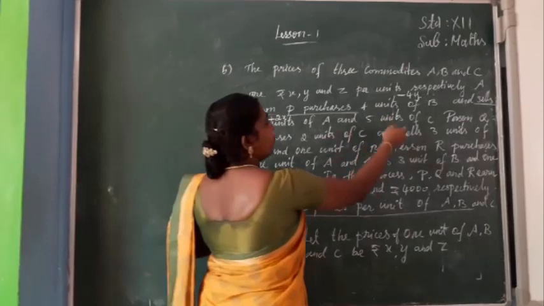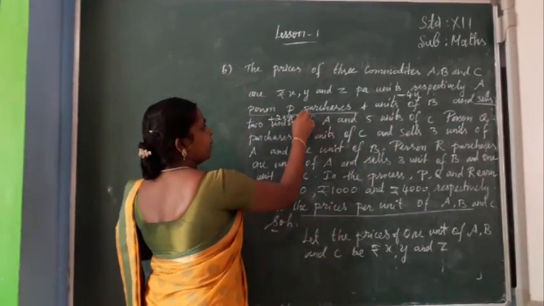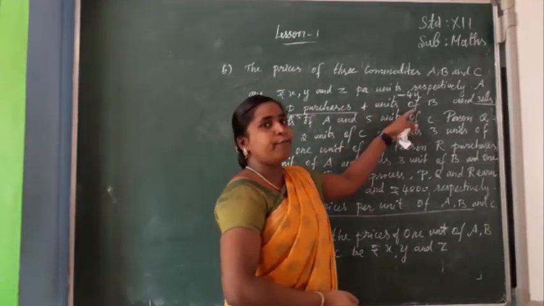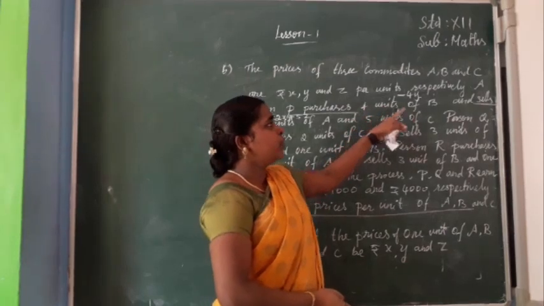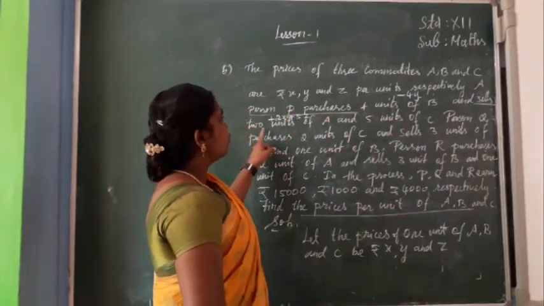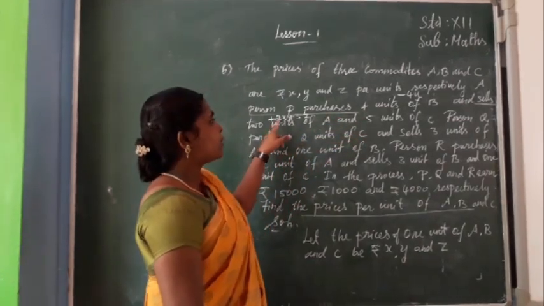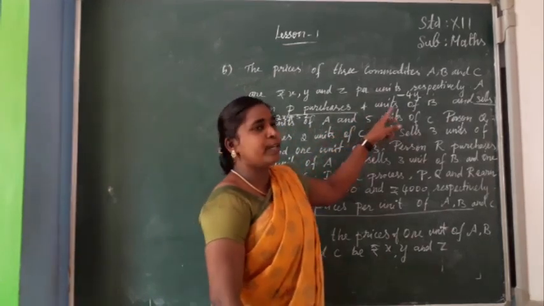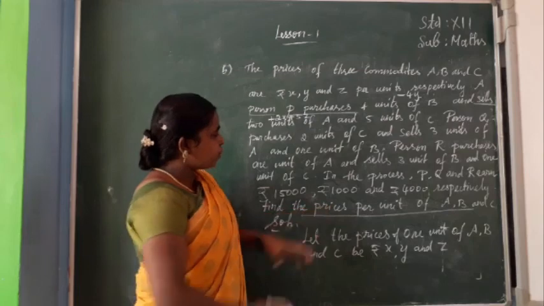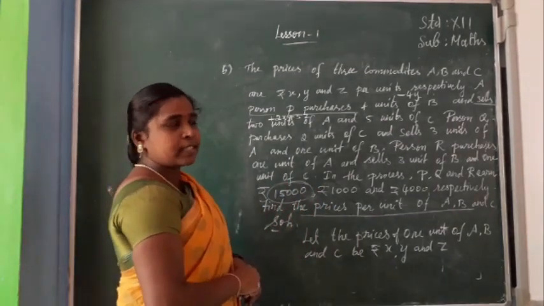Next, and 5 units of C, that also sells, so plus 5z. Equal to amount given here, rupees 15,000. This is first condition.